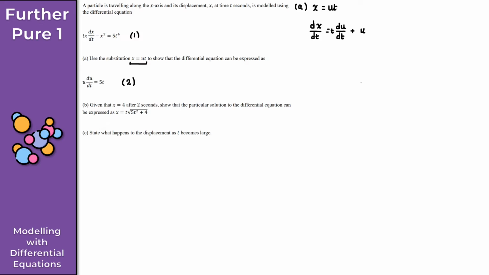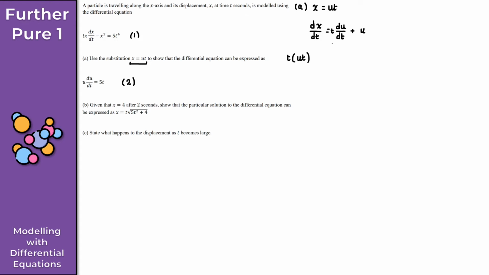Now that we have dx by dt, what we can do is transform equation 1, hopefully, into equation 2. So if we go to equation 1, all we need to do is substitute where appropriate. To begin with, we have tx, so that's t times x, where x equals ut. So I've got t times ut. We then multiply this by dx by dt.